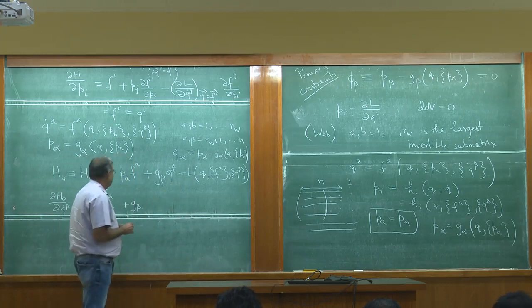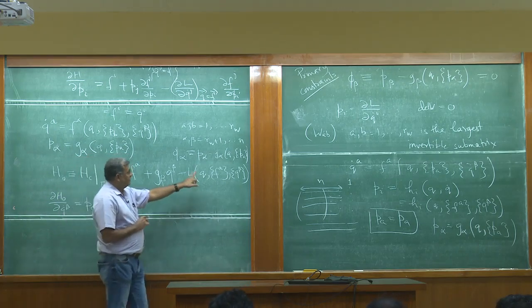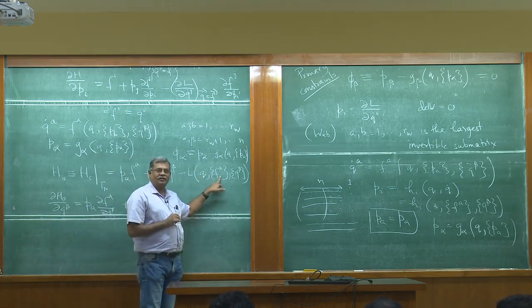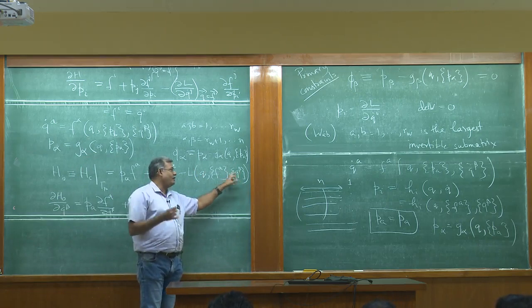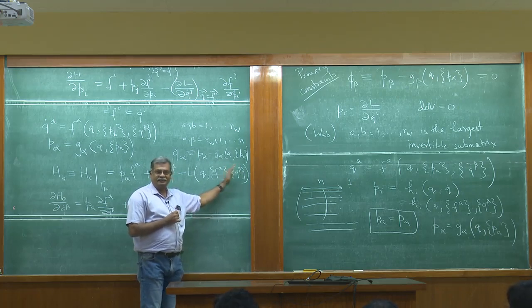What about L? Where are the q dots in L? The q's of course have no q dots in them, but the f's have q dots in them, and among all the n q dots, the last n minus Rw ones are actually still there, right?